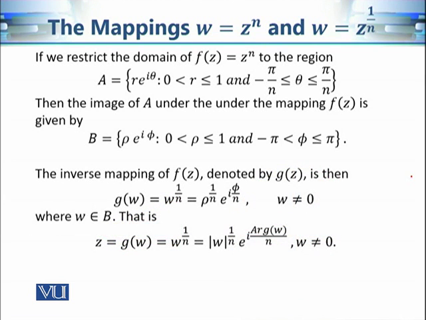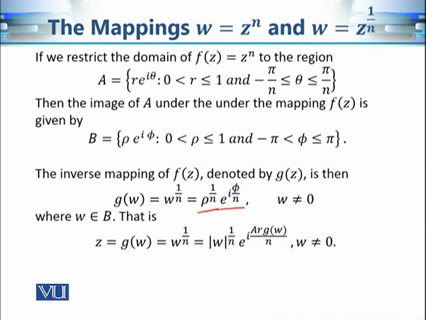Now we can talk about the inverse of this map. Similar to the calculations for z square, we can calculate that the inverse of this function is omega raised to power 1 over n, which is equal to rho raised to power 1 over n and e raised to power iota phi over n.